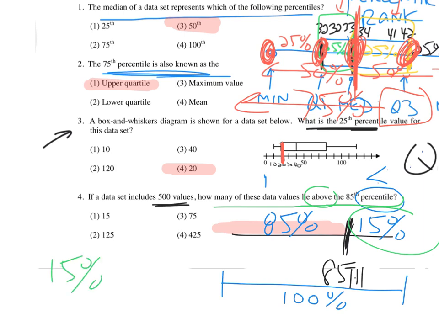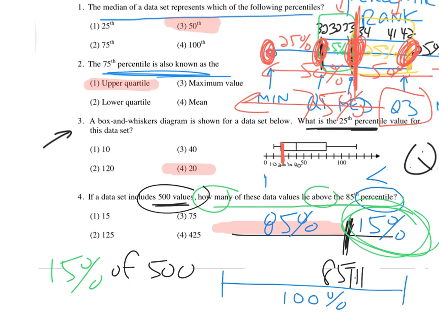But this doesn't say what percent of the data is above. This says how many. Since they tell you that there's 500 values, you know that 15% of the 500 have to be bigger than the 85th percentile. So to get your answer, do 15%, 0.15, times 500 on your calculator.